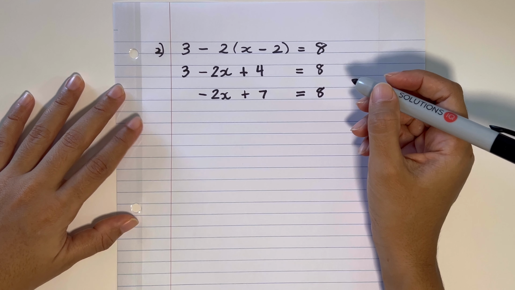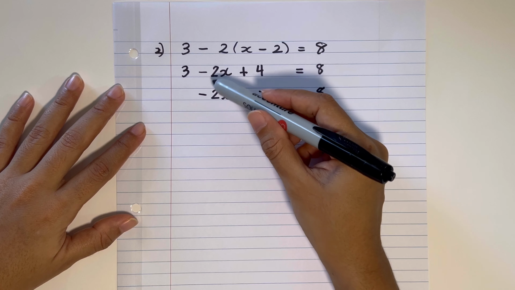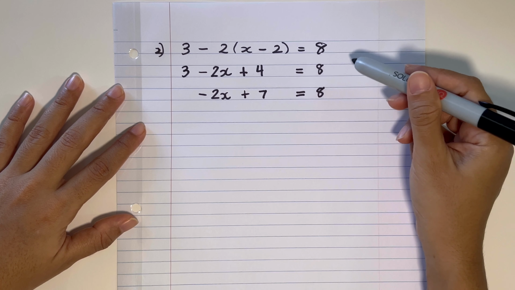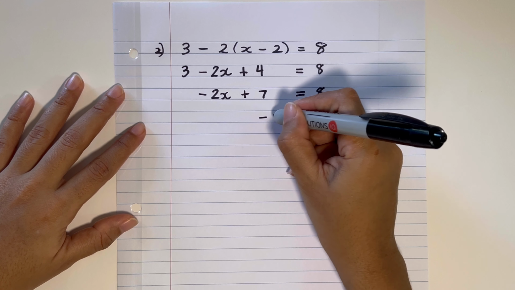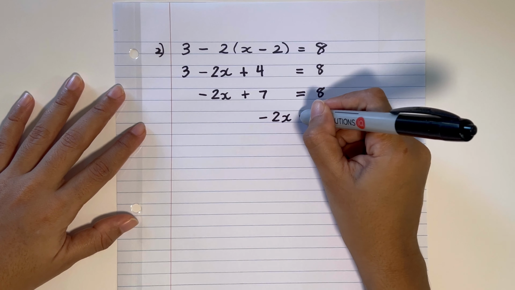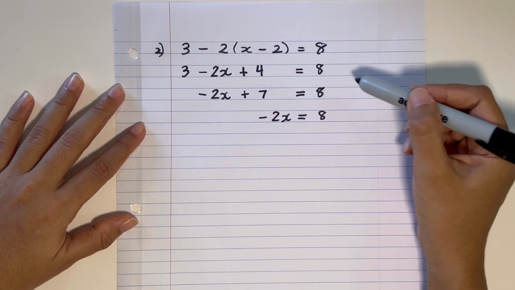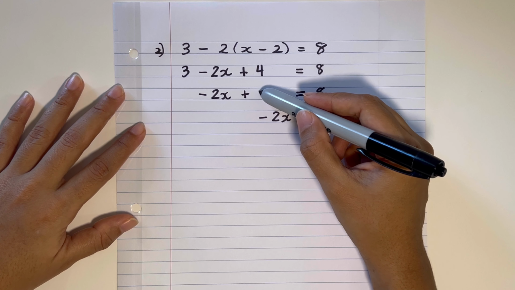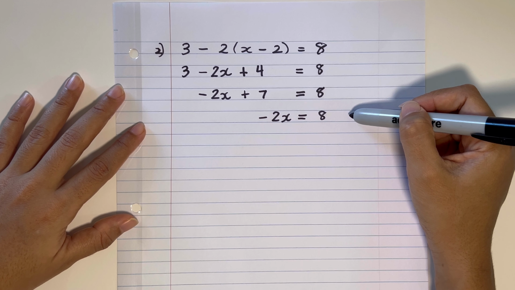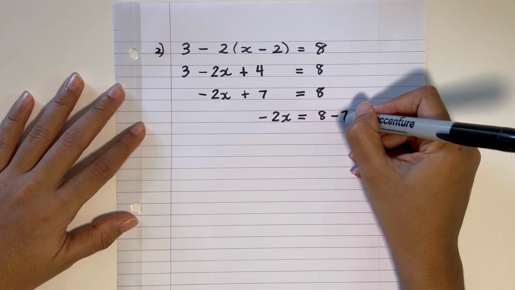Next step is we want to get the x's on one side and the constants on the other side. So we bring down this minus 2x, and we're going to carry positive 7 to the other side. Since it's positive 7, when I move it to the right-hand side, it becomes minus 7.